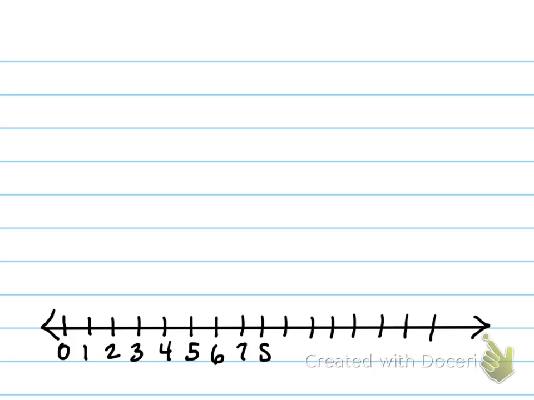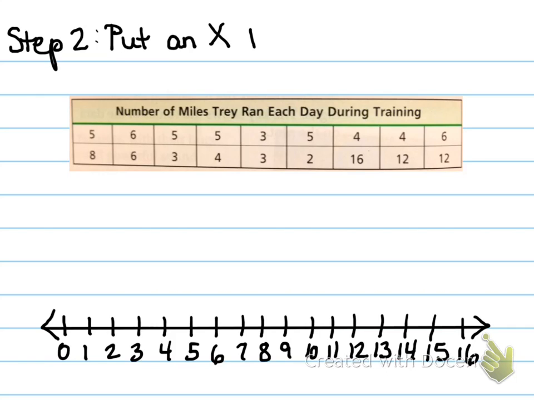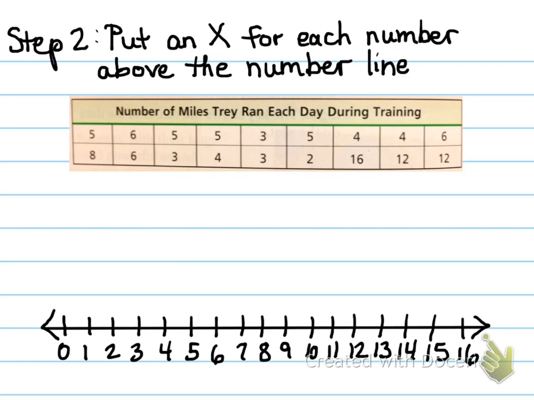Step 2, I'm going to start putting X's for each number as it occurs in my data set. So I'm going to look at the numbers that I have, and as I go through, I'm going to put an X above that number on the number line. So for example, first number is 5, then 6, 5, 5, 3, and so on.